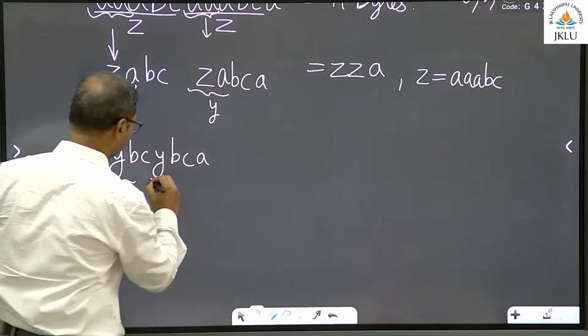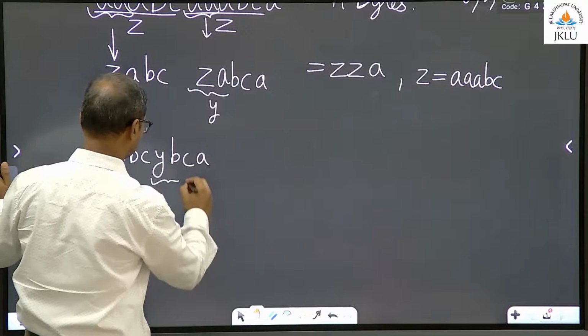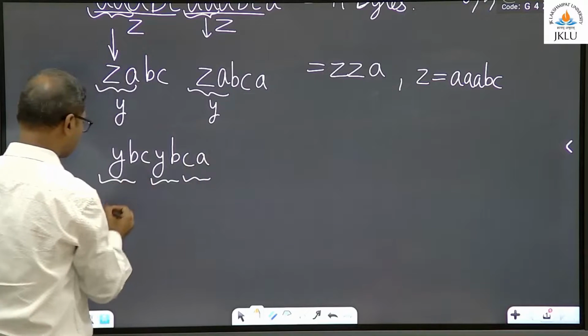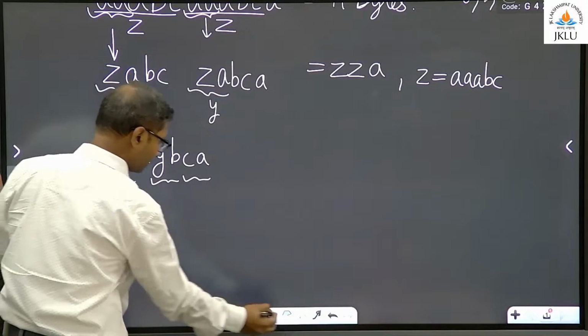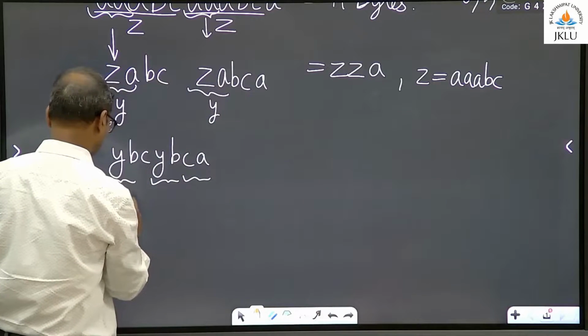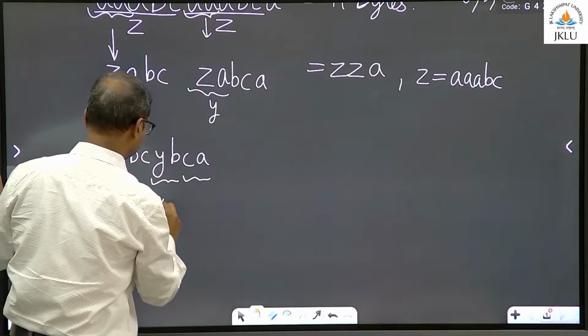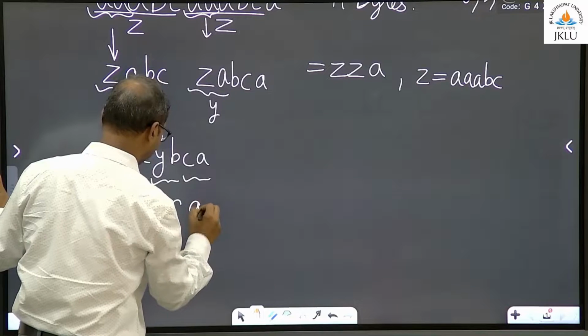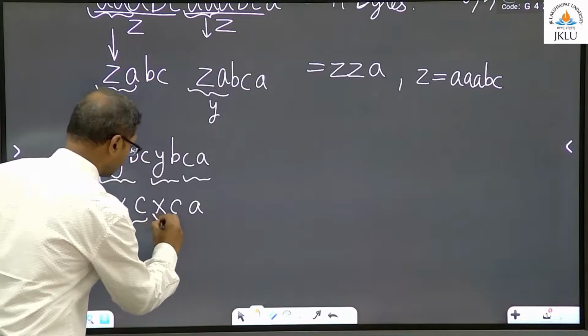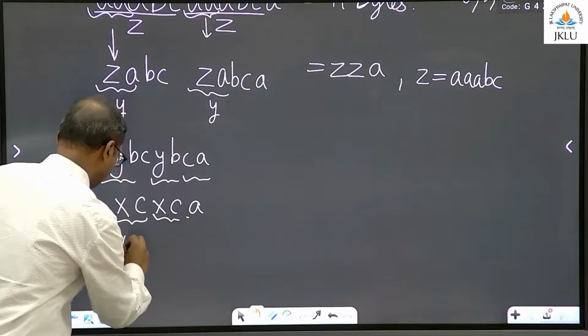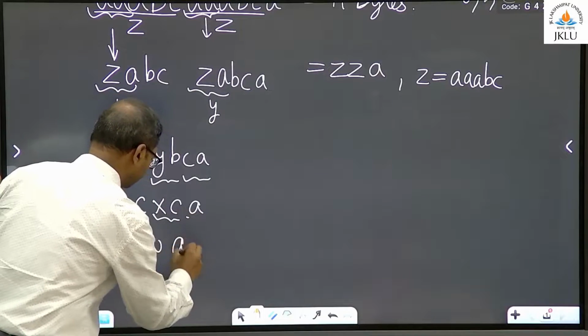So YB becomes X. XC, XC, A, and now this is WWA.